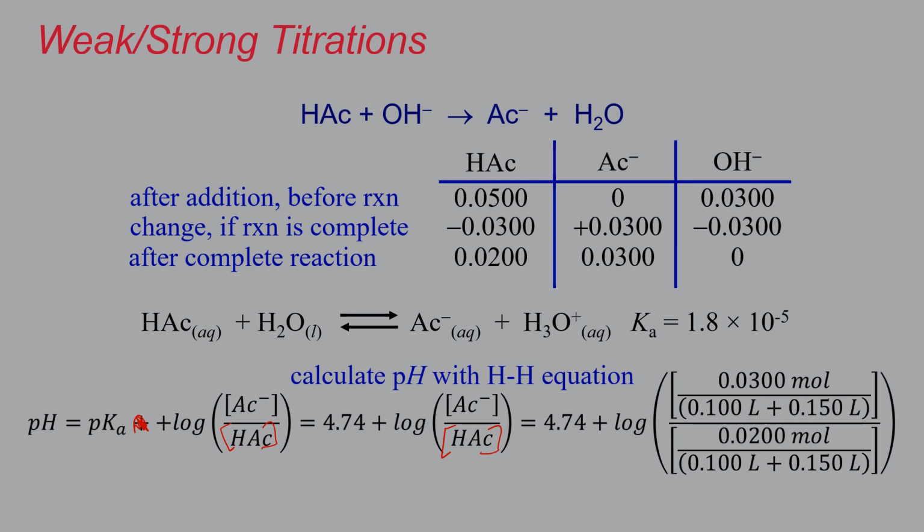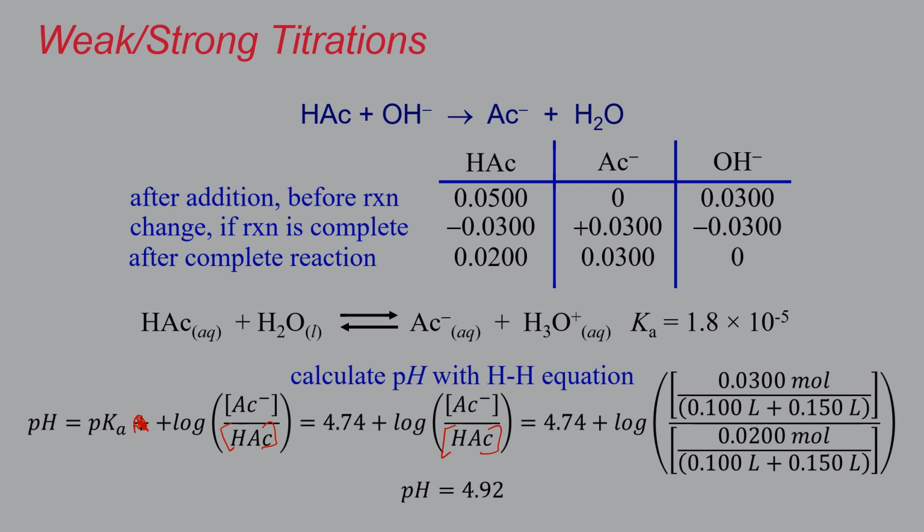In theory, even this is redundant, because these are the concentrations, the amounts of these species remaining divided by the volume. But it's just a ratio, and the ratio of the amounts and the ratio of the concentrations is exactly the same. So you wouldn't even need to explicitly write in these new volumes, but I did it for the sake of completeness. Once you plug everything in, fingers crossed, you should get a pH of about 4.92.